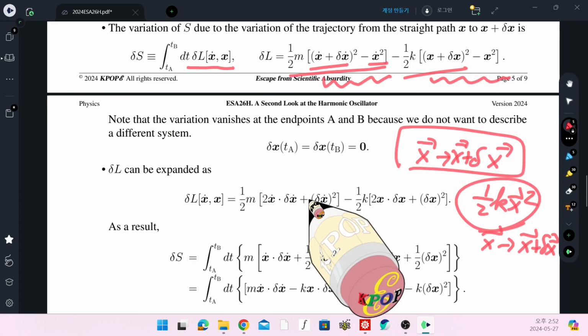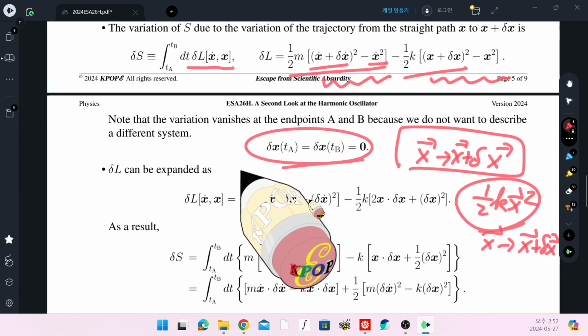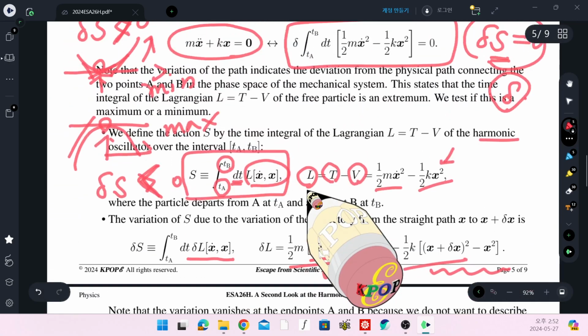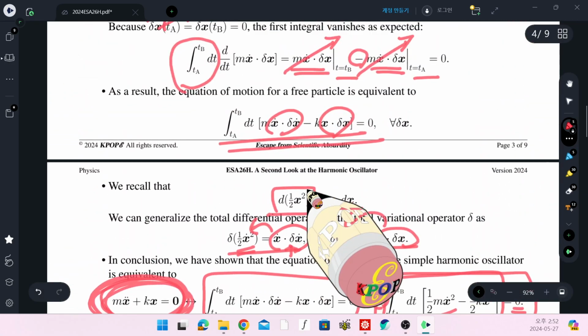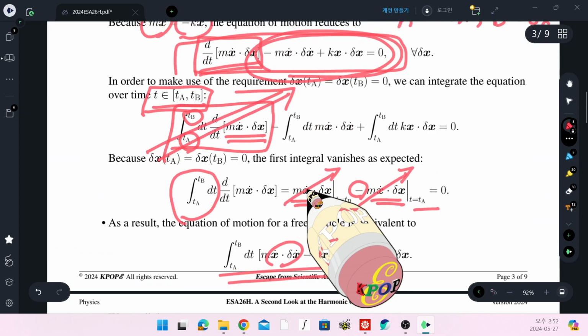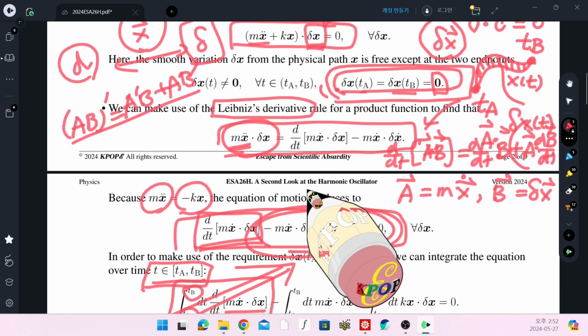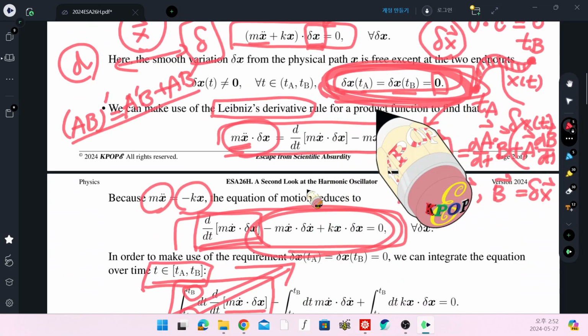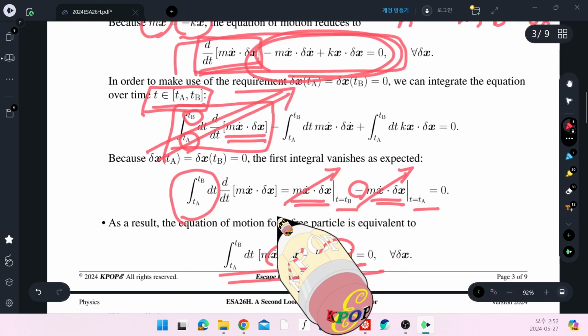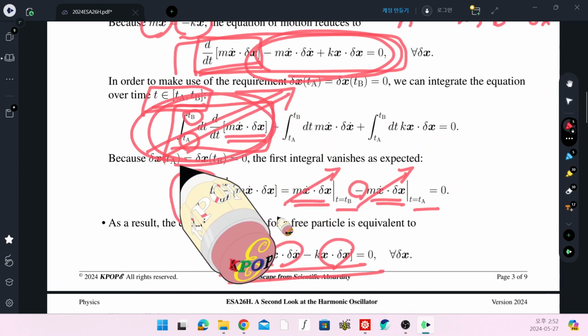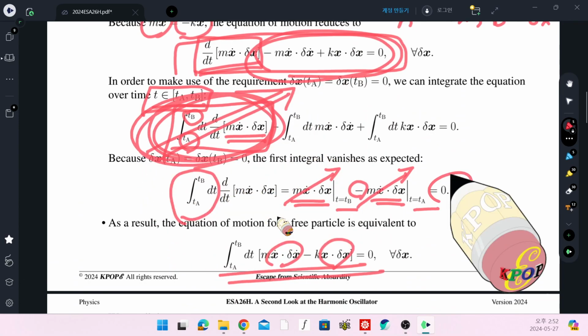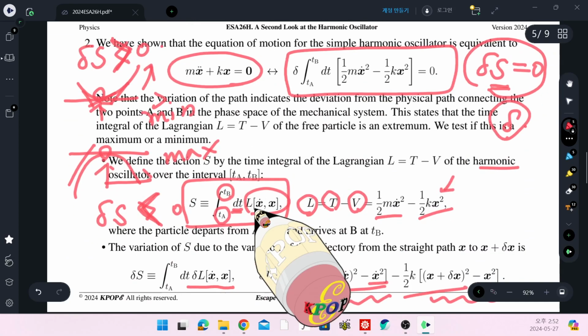We still keep the restriction. Why? Because this derivation of the equation of motion, extension of the equation of motion, requires this endpoint constraint to remove the total time derivative explicitly. All right.